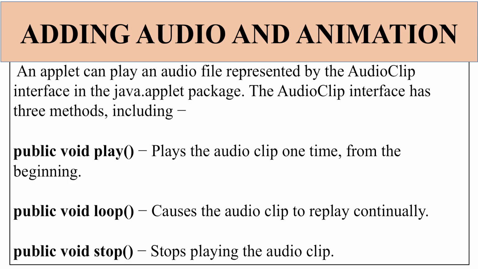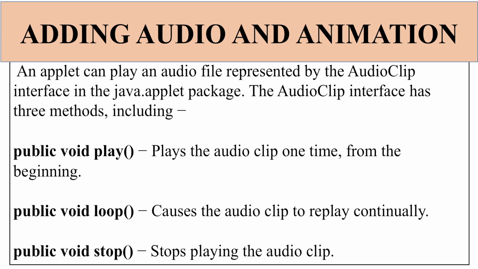The first is the play method, which plays the audio clip one time from the beginning. The second method, public void loop, causes the audio clip to replay continually. So if we are continuously playing an audio clip, then we require the loop method.